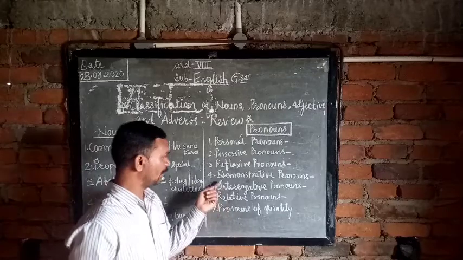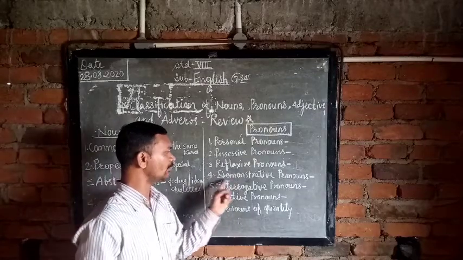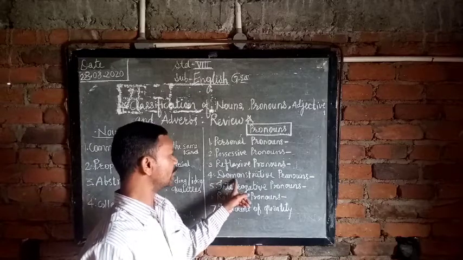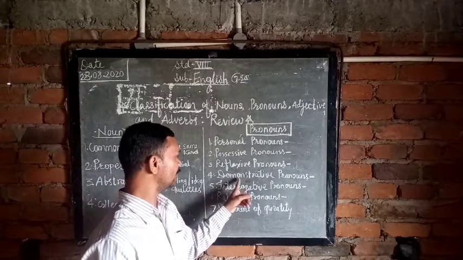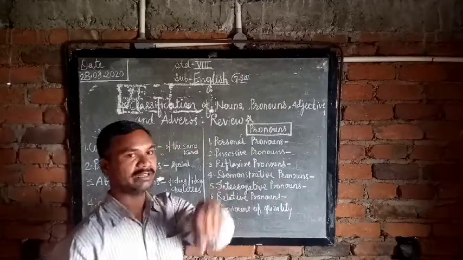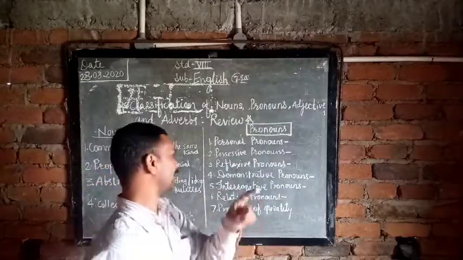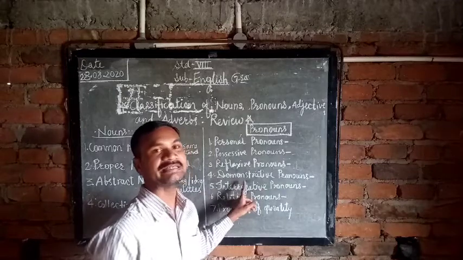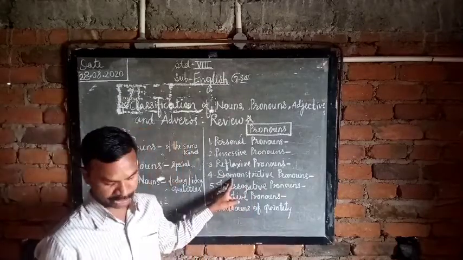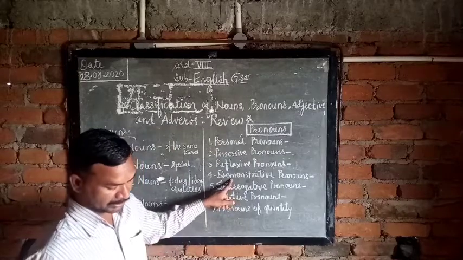Okay. Now the fourth one, demonstrative pronouns. Demonstrative means one who shows, points out. This, that, these, those are examples of demonstrative pronouns.